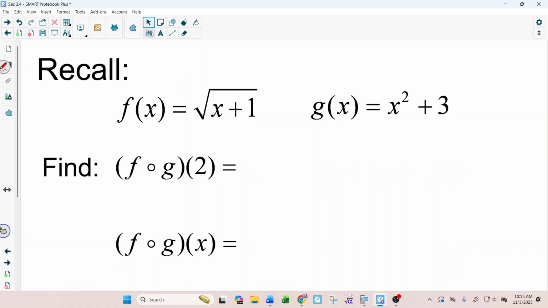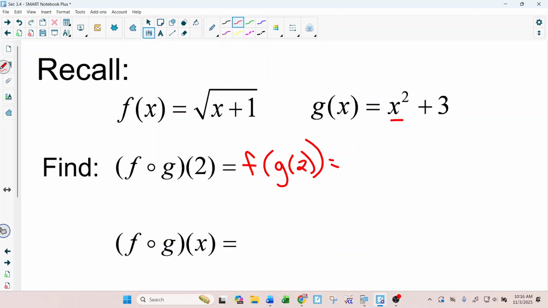If I have two functions, f and g, and I want to find f of g of 2, we looked at this at the beginning of this year when we reviewed, and you did this in pre-calc also. You put 2 into g and get 2 squared plus 3, which is 7. Then we find f of 7, which is the square root of 8.